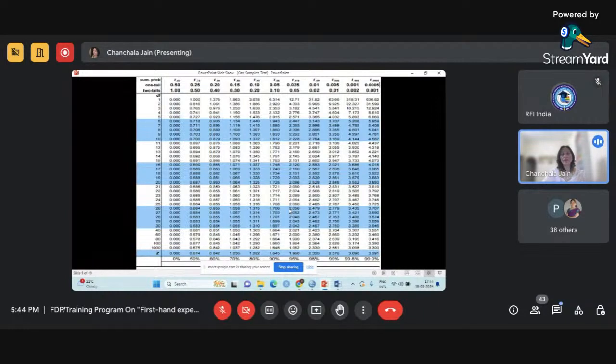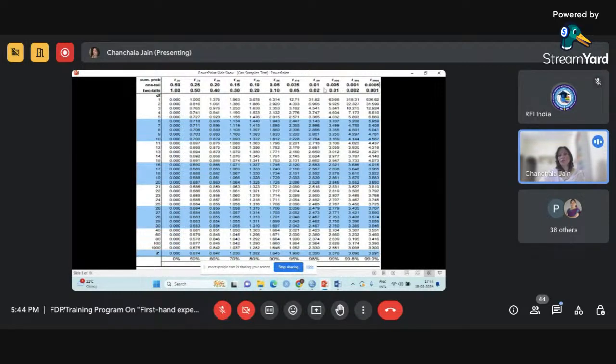Using the critical value, we are comparing the calculated value of the test with the critical value of the test, and if the calculated value is less than your critical value, you are going to accept your null hypothesis, and when your calculated value is greater than your critical value, you are going to reject your null hypothesis, right? That critical value we can find using this particular table. For that, you need to have two things.